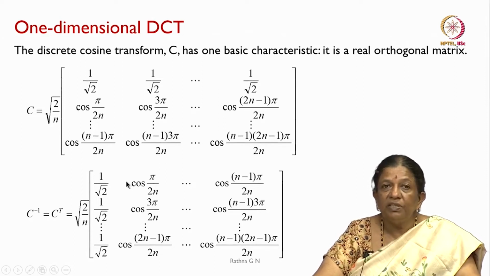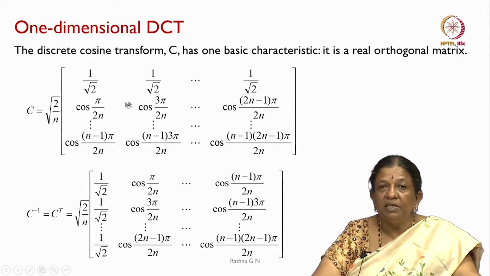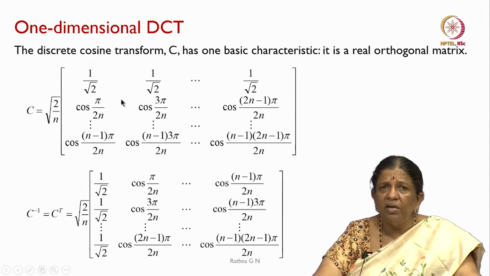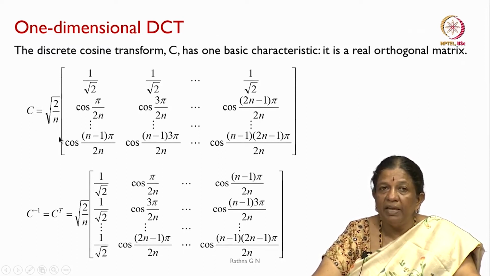Now, we will see for the discrete cosine transform, that is we have taken here n length basically. One basic characteristic is it is a real orthogonal matrix, which is given by C equals root 2 by n into, for all the first columns, 1 by root 2.